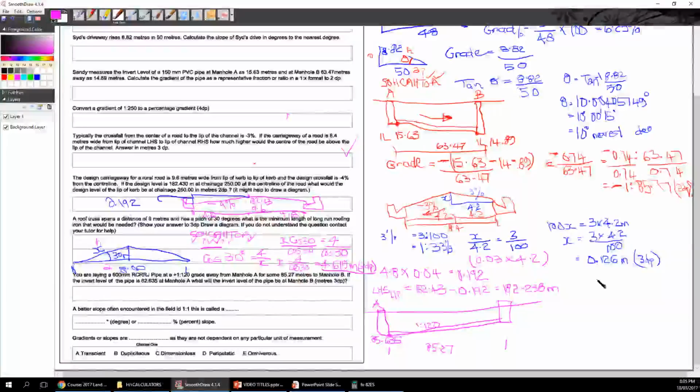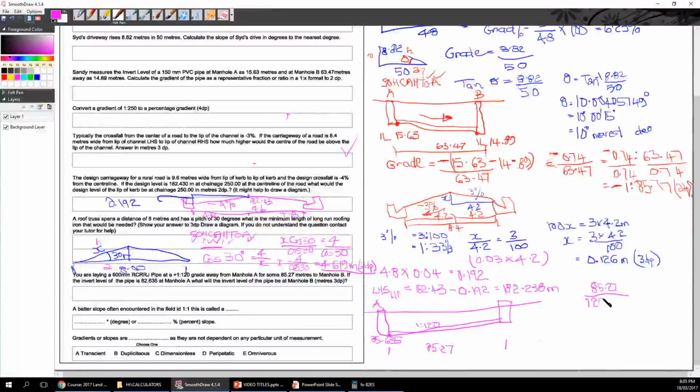So what's happening there is we're going 85.27 meters. If it's going to go 1 meter in 120, it's going to go 85.27 divided by 120.